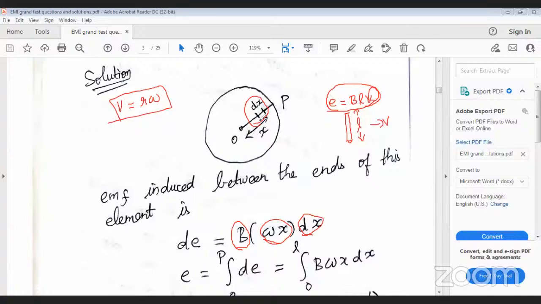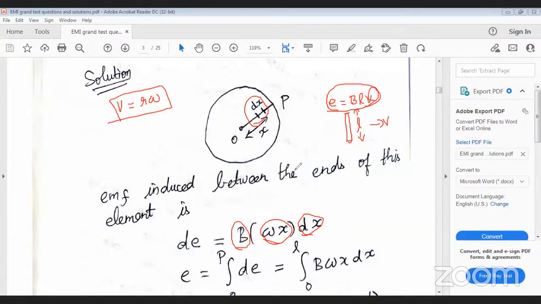Here we are considering only the element dx, so the radius of the element is x. So instead of v, I am using omega into x. So dE equal to B v dx, which becomes B omega x dx.